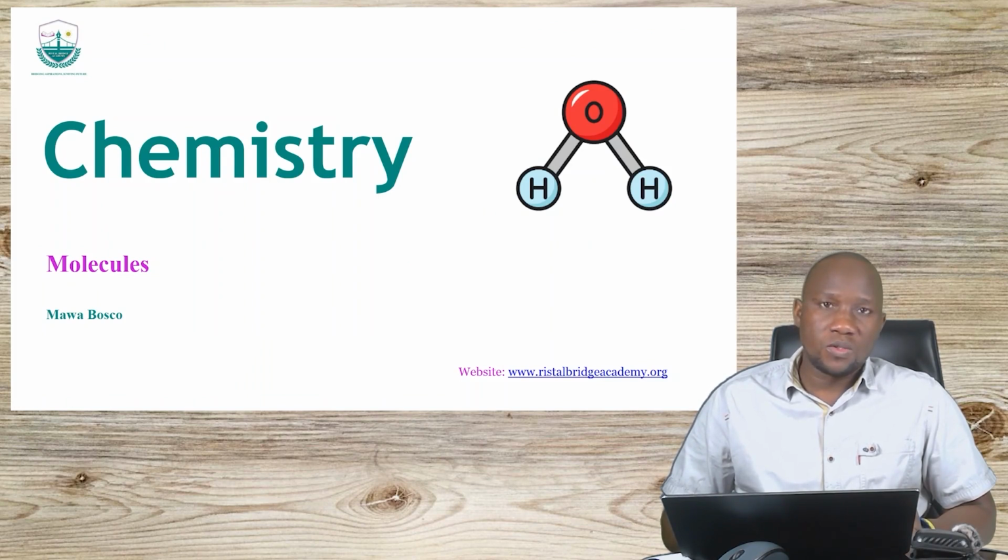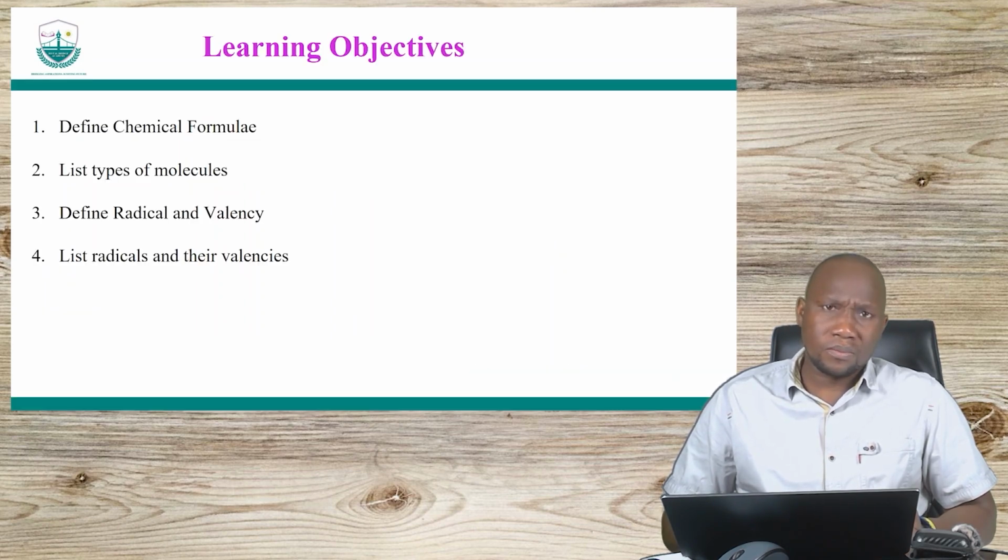Okay, we are going to see what molecules are, and then we are going to also look at what we call valency, and then from there we'll also look at what we call radicals, and then we'll look at how to write chemical formulas. Okay, so those are the objectives of this session.